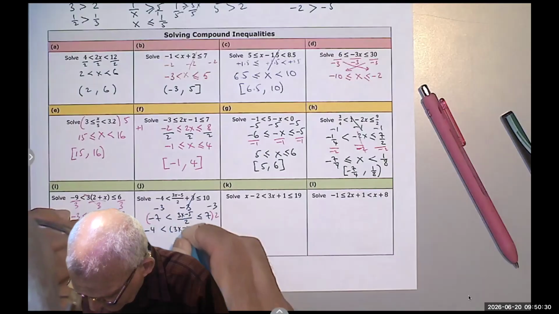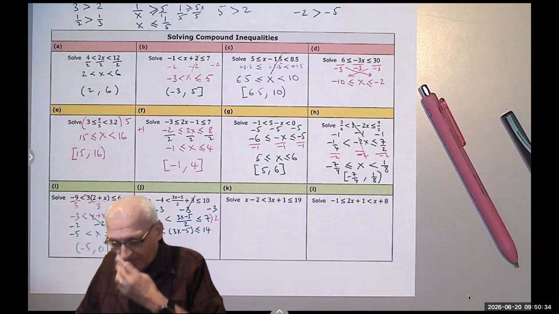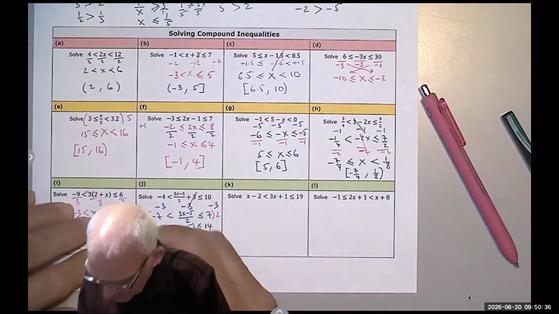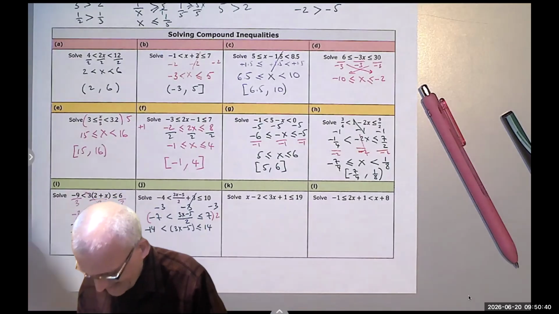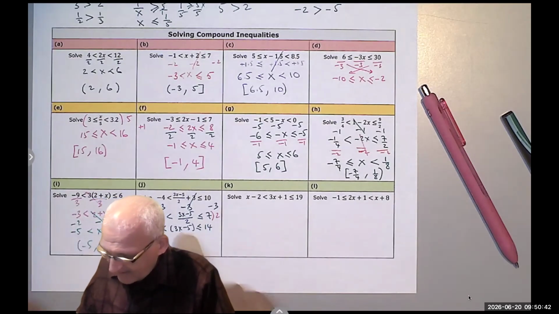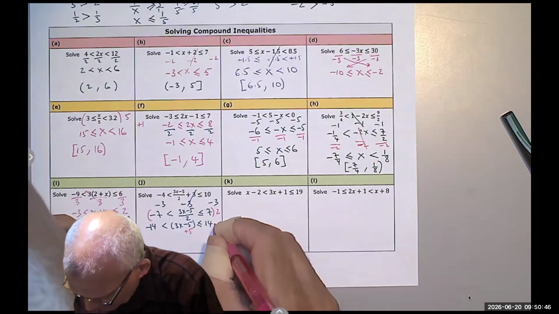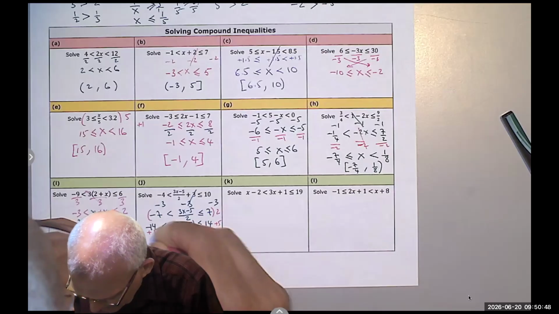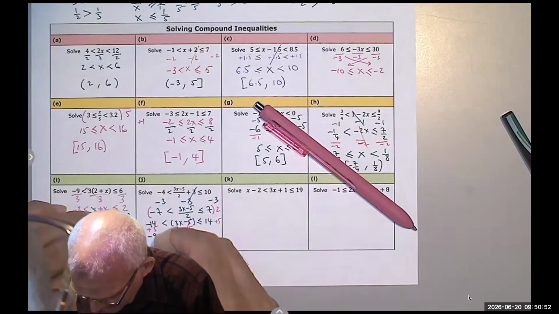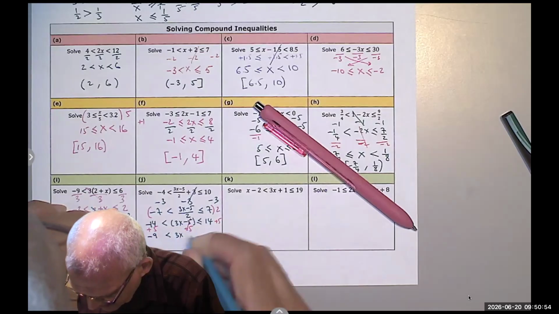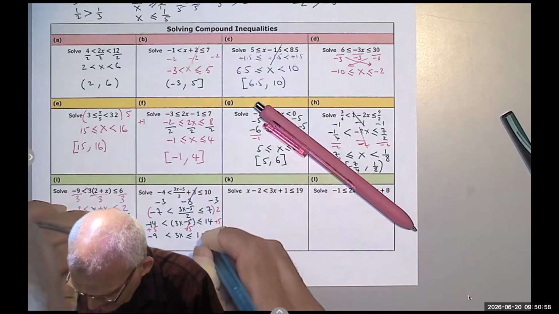3x minus 5 is less than or equal to 14. Multiply every side. Oh, I'm sorry, -14. I told you it's coming. Okay. And then I have a -5, so we add 5 to all 3 parts. Left-hand side is -9 less than 3x less than or equal to 19.